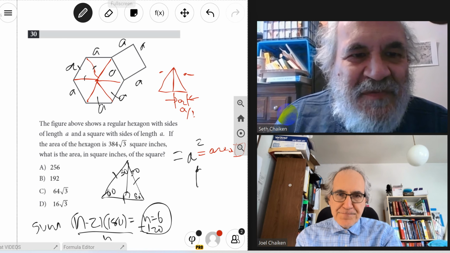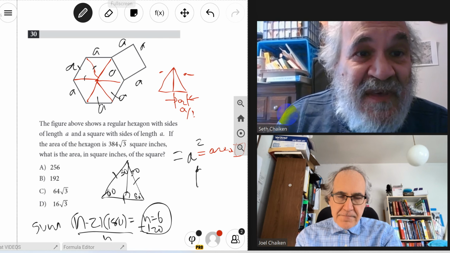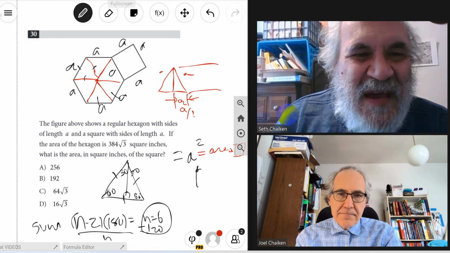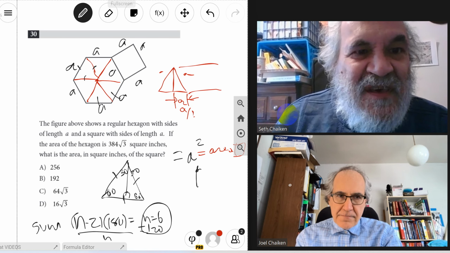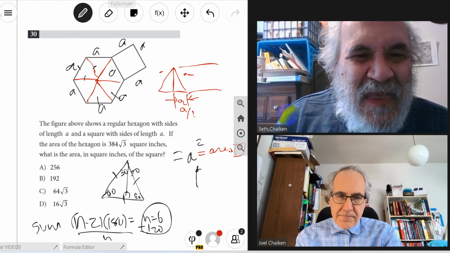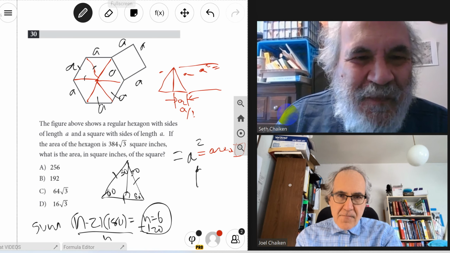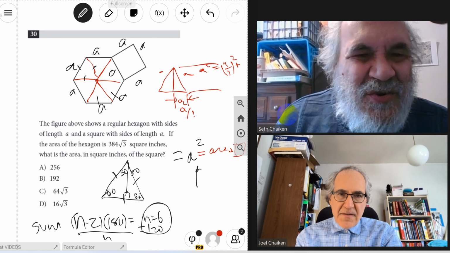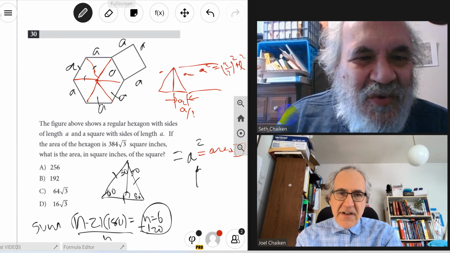Therefore, we can figure out the size of the altitude using the Pythagorean theorem. The hypotenuse squared, A squared, equals A over 2 squared plus, let's call the altitude L, L squared.